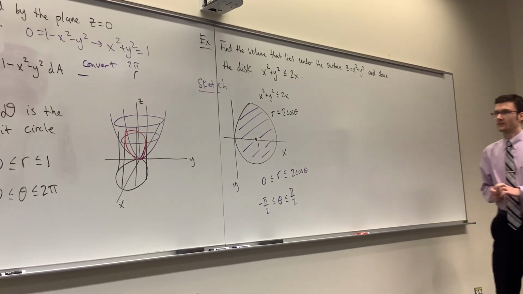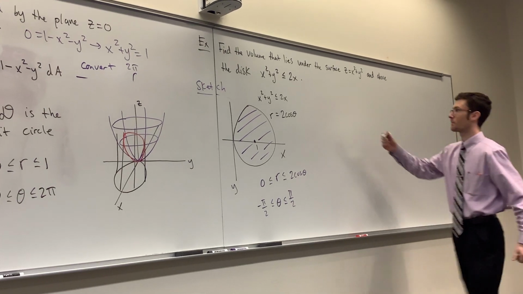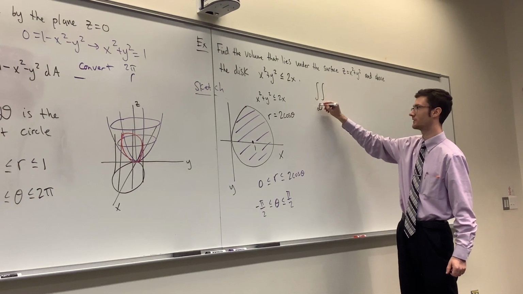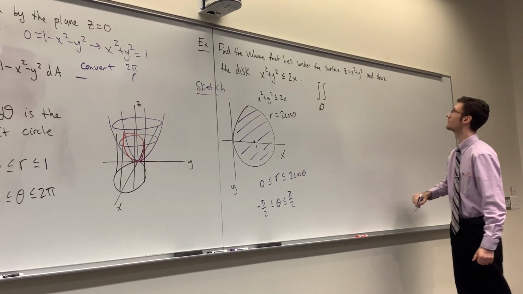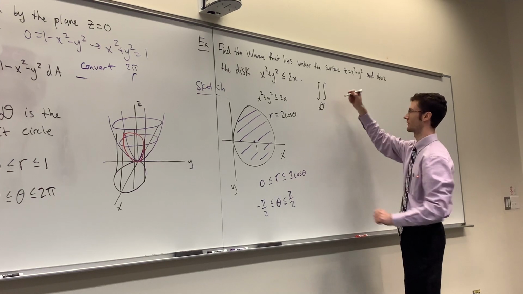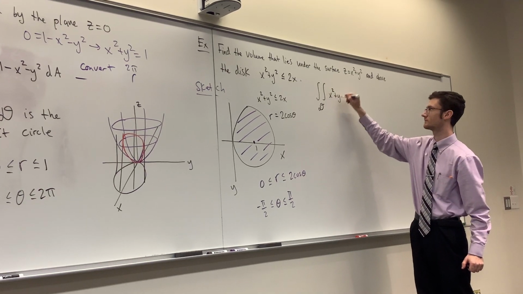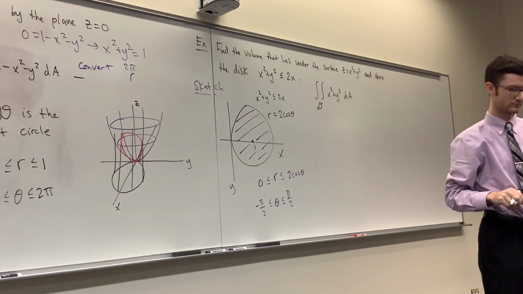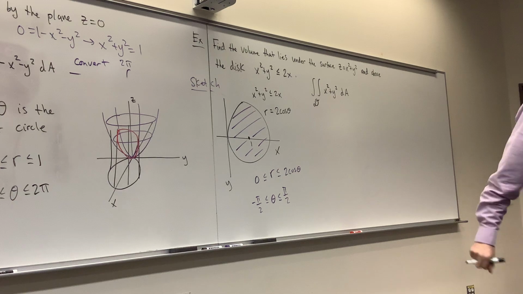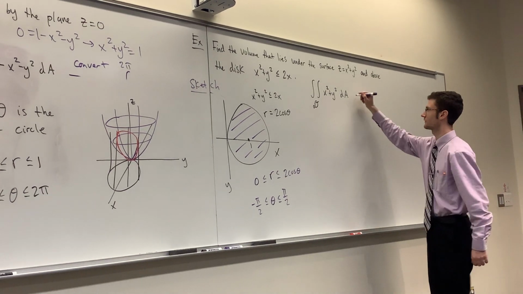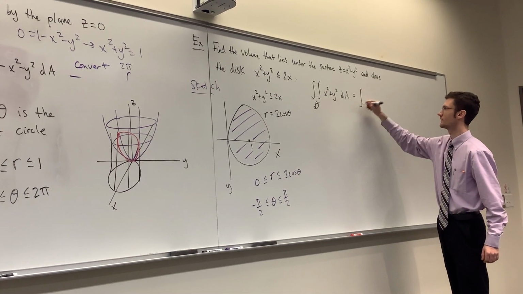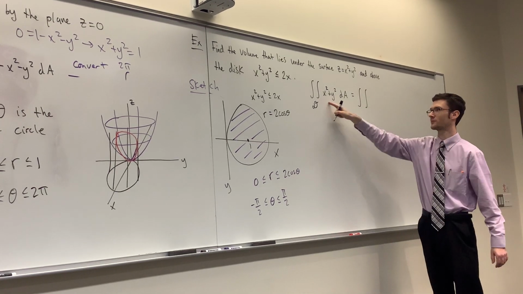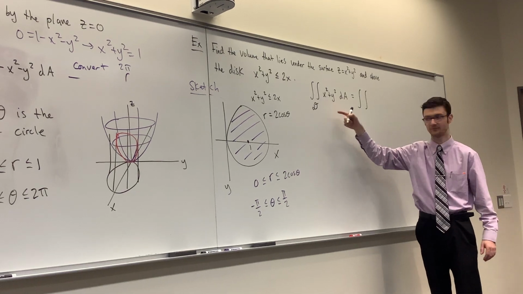What are we doing here? Let's start like this. We find the integral over D, where our surface is x squared plus y squared. x squared plus y squared is r squared, right?